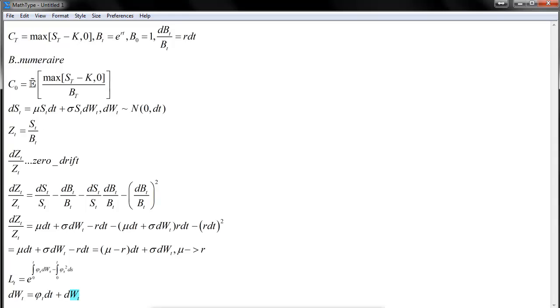So we can substitute this term with this function and the new Wiener process, and the Wiener process will still be a Wiener process under the new measure.